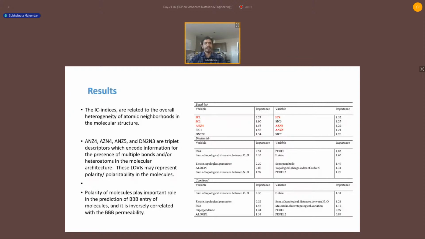On the other hand, these other descriptors also came up, which are triplet descriptors, and they represent the polarity of the molecules, which has been correlated with the blood-brain barrier entry of chemical compounds. So that was kind of reassuring in the sense that we are finding something useful that people have found before.